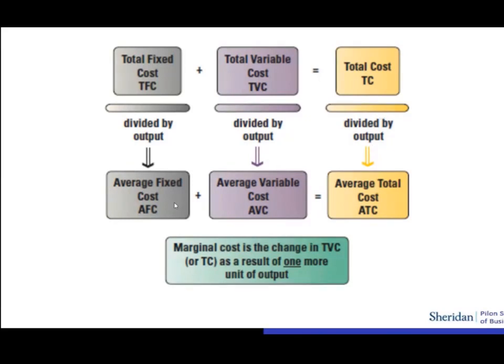We can also add these two together to get average total cost. Adding these two will give you the same thing as this. So these two procedures give you the same total cost. And the marginal cost, the change in total variable cost or total cost, gives you the same thing as a result of one more unit of output.